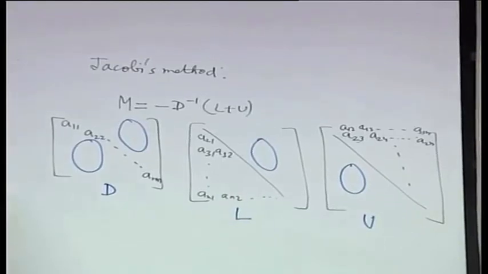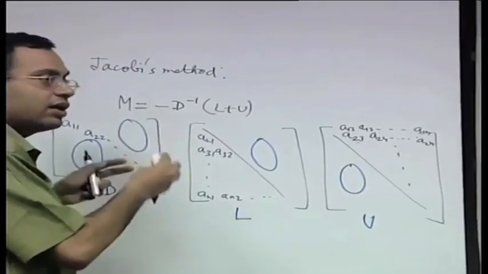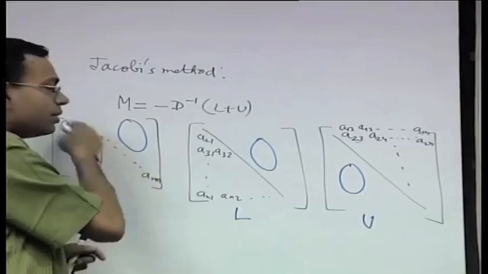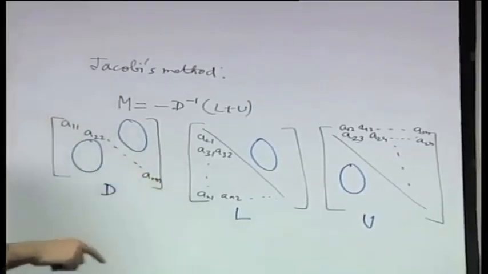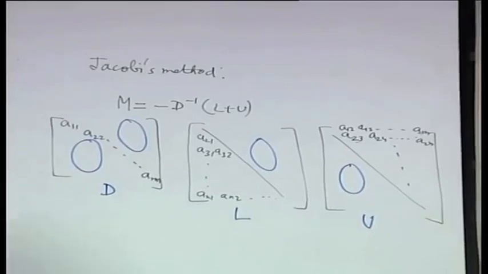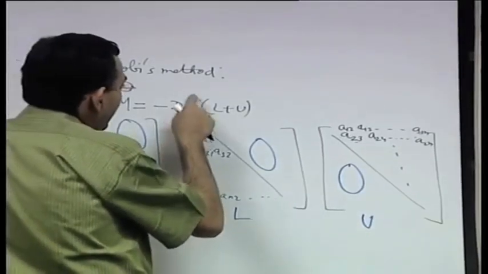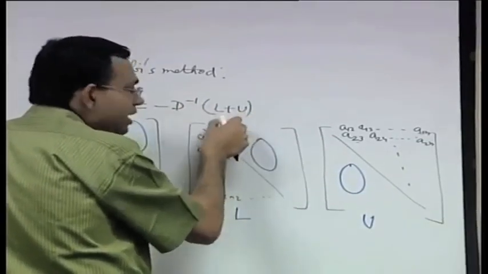For a matrix where you have more entries, it is systematically calculated in a more general way, but the diagonal matrix is a special type of matrix where only the diagonal term is there. So, you can write this as L plus U, meaning the sum of the off diagonal terms divided by the diagonal term.